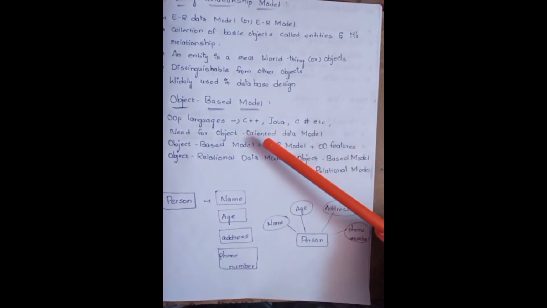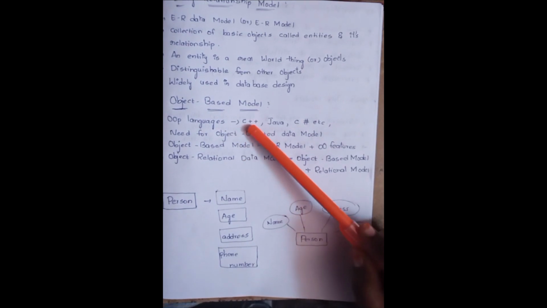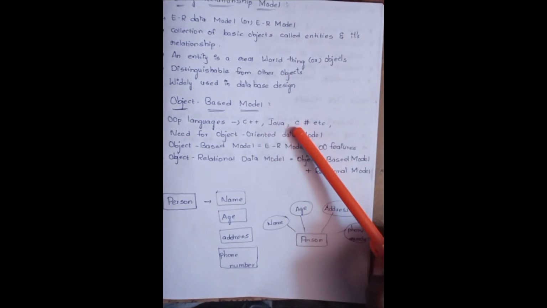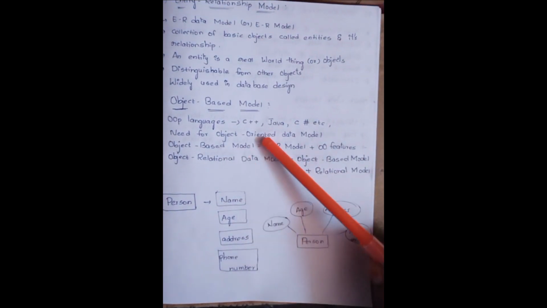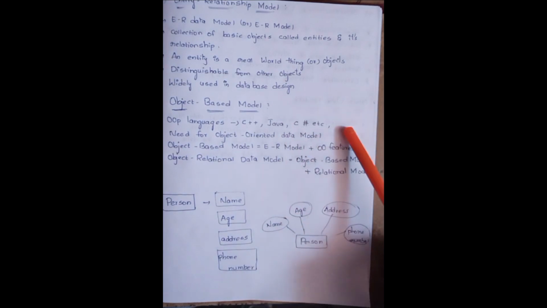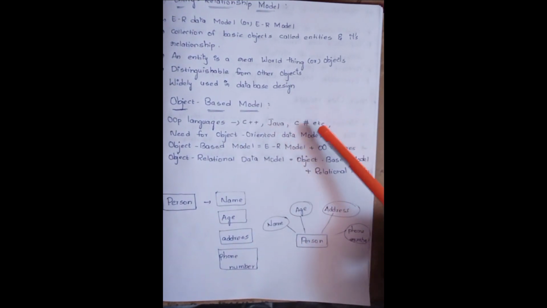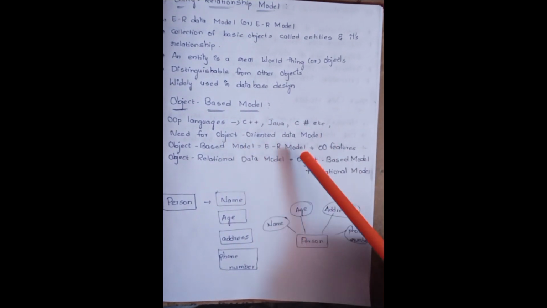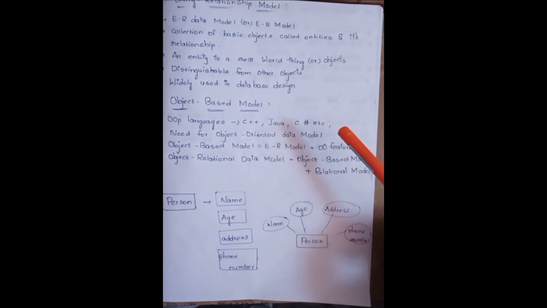We know object oriented languages like C++, Java, C#, etc. We know all these are object oriented programming languages. Suppose the front end is designed using an object oriented programming language, we need to have a back end which also supports the front end, right?